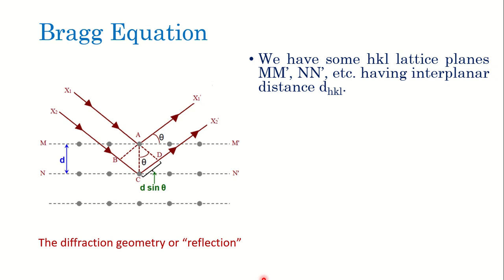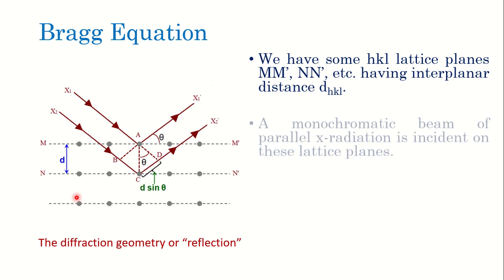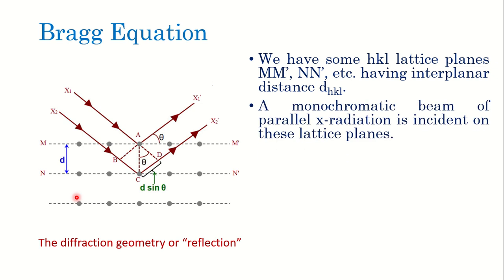So we have some HKL lattice planes. This is the HKL lattice plane, MM prime, NN prime, etc., having interplanar distance dHKL. In short, it is written as d only, HKL is omitted. A monochromatic beam of parallel X radiation is incident on these lattice planes, because X1A and X2BC are parallel to each other.